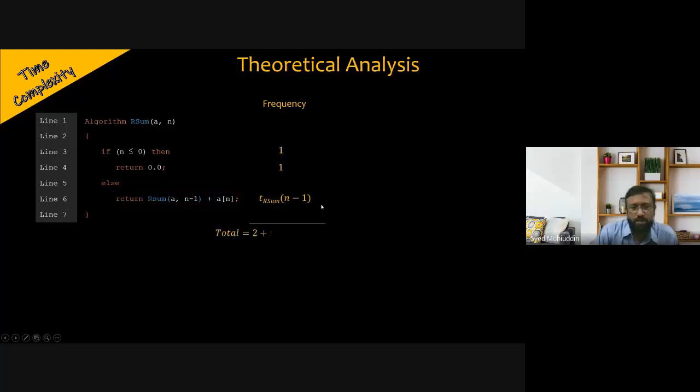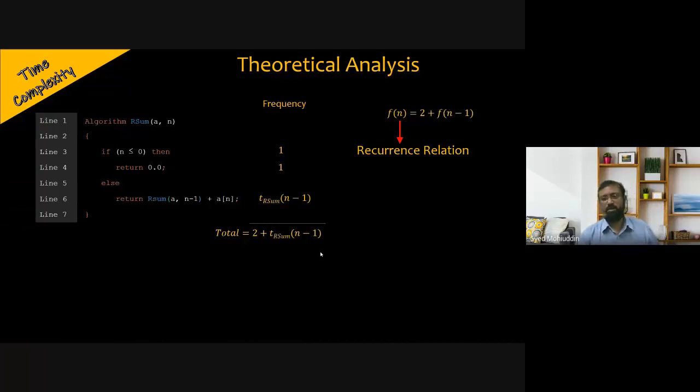If we sum up these things, it's nothing but 2 plus t of n minus 1. Now we can write this expression as a recurrence relation. Considering this as a function, f of n equals 2, which is constant from these two statements, plus f of n minus 1.